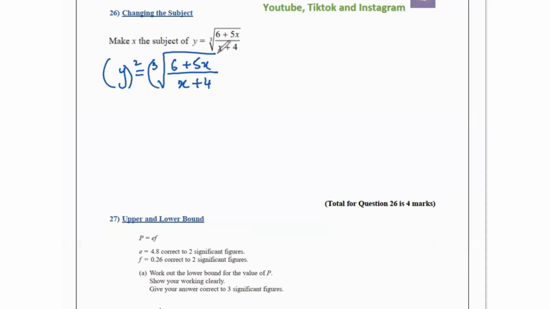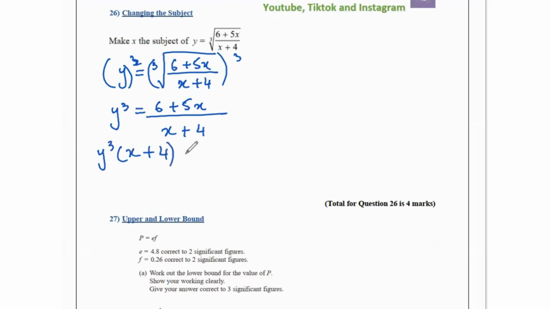So cube, that's y cube equals 6 plus 5x over x plus 4. Now we cross multiply to get rid of the fraction. y cube times x plus 4 equals 6 plus 5x, which is xy cube plus 4y cube equal to 6 plus 5x.